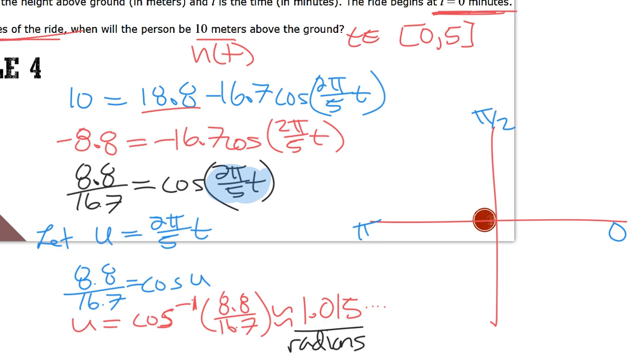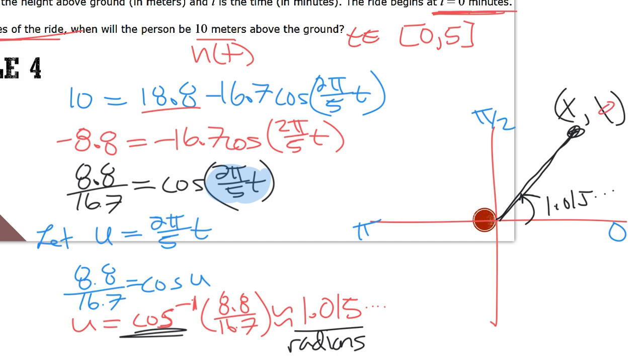So we have this angle here, about 1.015 radians. Now, we're looking at cosine. Cosine is the x value. So I only want the x value. I don't care about the y value at all. I only care about this x value. But if we notice, this x value will also be the same x value down here with this angle.